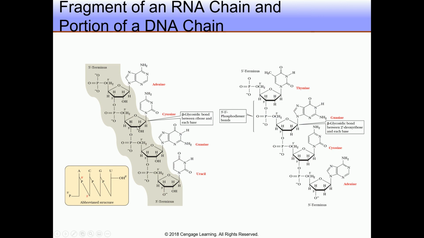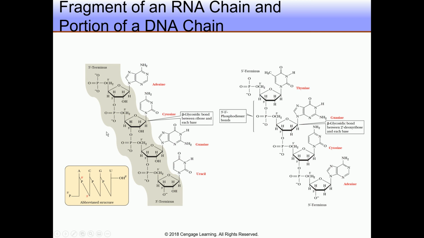That bond links the two nucleotides. You can see here this phosphate which is attached to the carbon number 5 is linked to this nucleotide. This phosphate is attached to this carbon, as well as to this carbon of this nucleotide. This is the carbon number 3 of this nucleotide, and this is the carbon number 5 of this nucleotide, and this phosphate is attached to these two nucleotides.